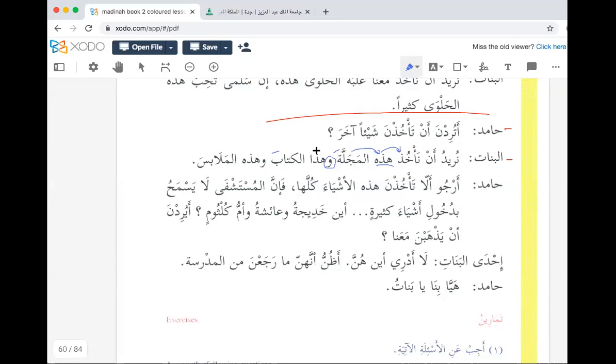So this هذا is معطوف, connecting back to هذه. لا بأس زيد أهلا. هذا is معطوف على هذه. So it's also مفعول به معطوف على هذه. نأخذ هذه وهذا.